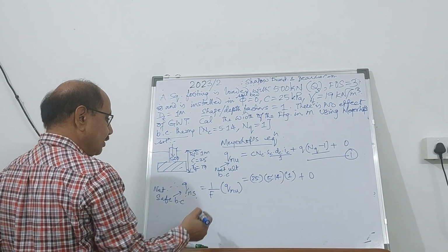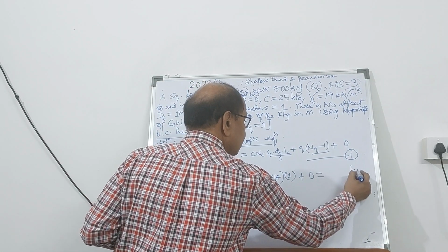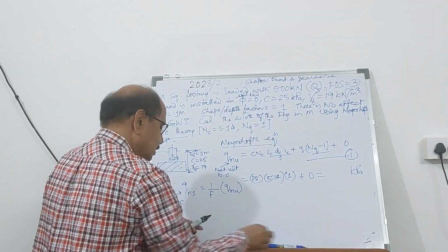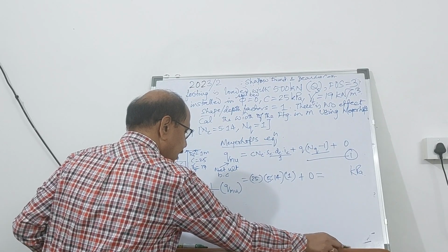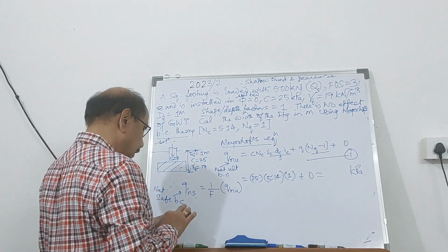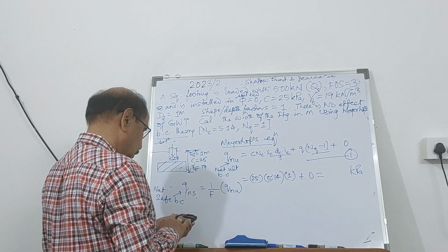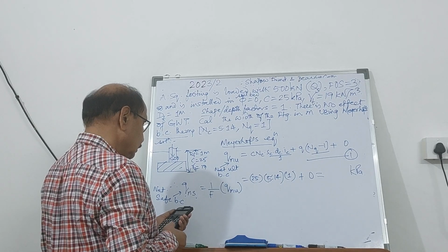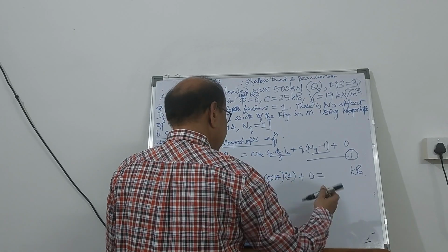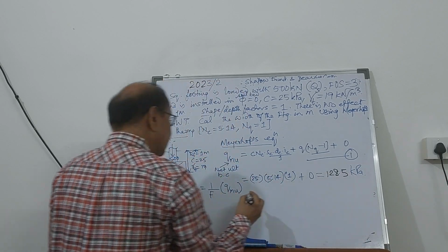So the factor of safety being known to me, let me calculate this in kilopascal. Please calculate and find it out. So if you calculate this, you can easily calculate 25 multiplied by Nc, which gives 128.5 kilopascal.